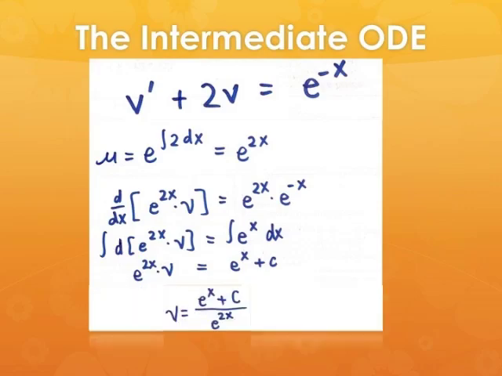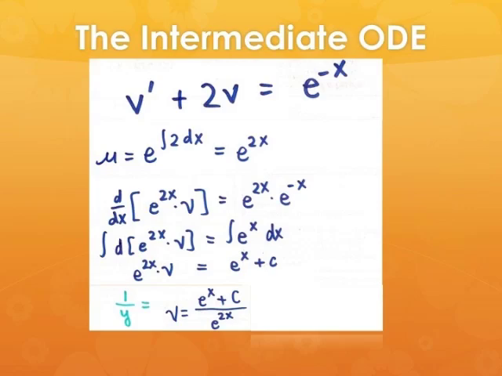And this is when you need to recall the substitution we had made earlier. Now that we have the answer for this intermediate problem, you should remember that we had made the substitution to let v equal 1 over y.